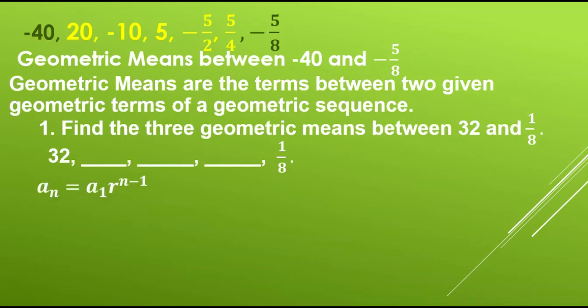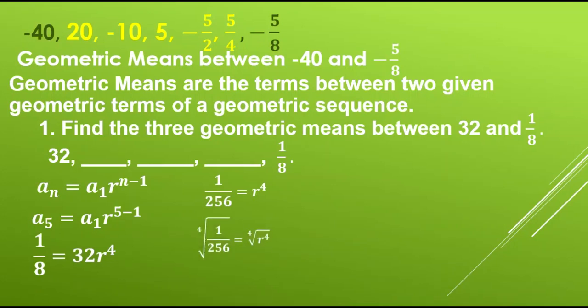We can use the general formula for the geometric sequence. We know that a sub 5 is 1/8 and a sub 1 is 32, with n as 5. Therefore, 1/8 is equal to 32 r raised to 4. Simplifying, 1/8 divided by 32 is 1 over 256, which is equal to r raised to 4. Get the fourth root of both sides, and you get r as positive or negative 1/4.